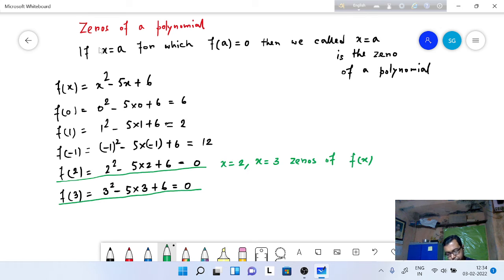Okay, understood? Now, if in the exam the examiner tells you to find the zeros of a polynomial, say x square minus 20x plus 96, trying values starting from 0 will be a longer process. So what should we do?